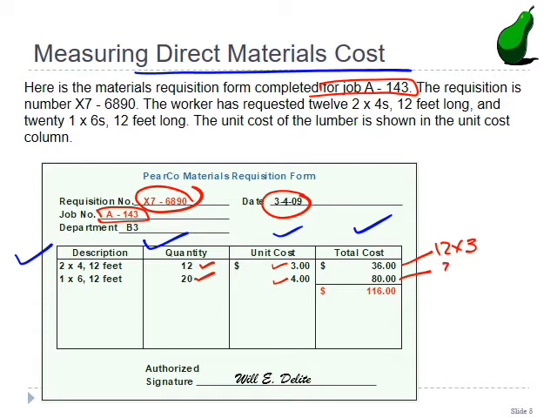And where did this 80 come from? 20 multiplied by 4. And how much is our direct cost? 116. This figure will go to the job order cost sheet, and of course the manager or supervisor who ordered this will sign here as well. So that's it for the direct material cost. It's easy to trace conveniently, so that's why the name is direct material.